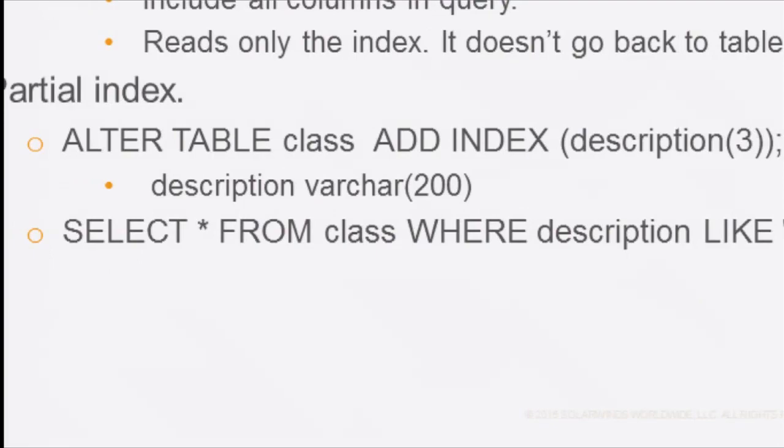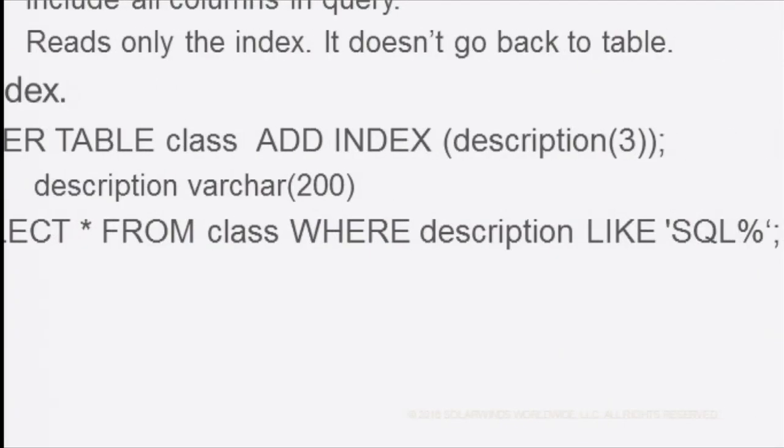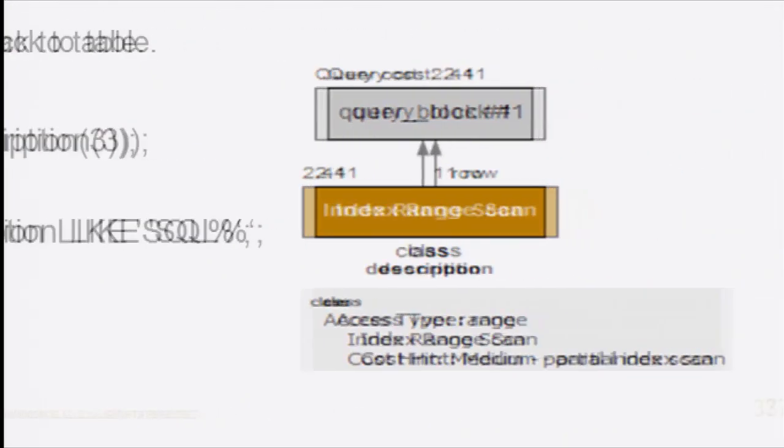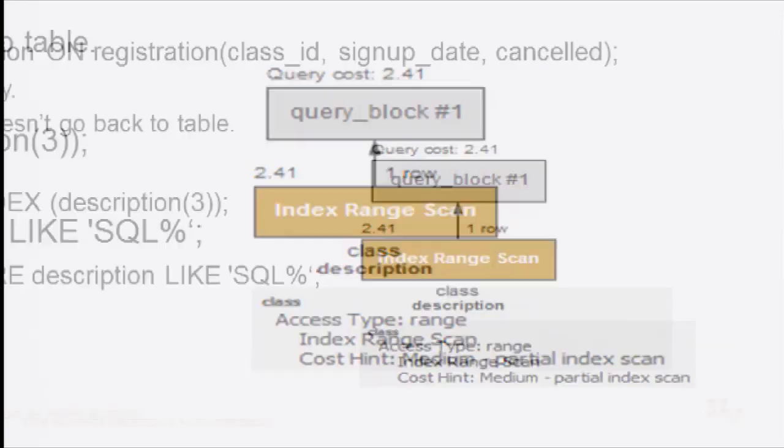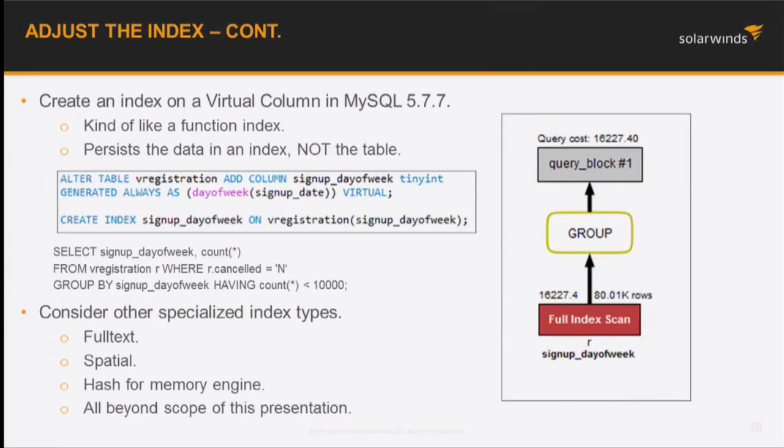So here I alter table class, add index, and give it a description of 3 instead of 200. Now, of course, you have to know that you can only access the first 3 characters when you do that, but it'll actually tell you that it used a description index and it did a partial index scan. So just another technique that you could use if you had to.